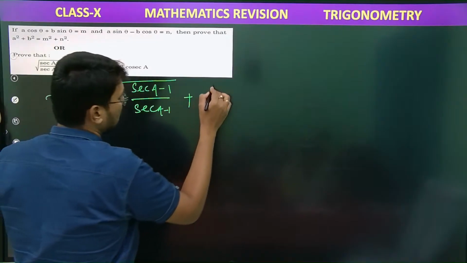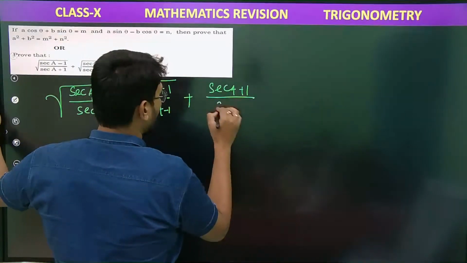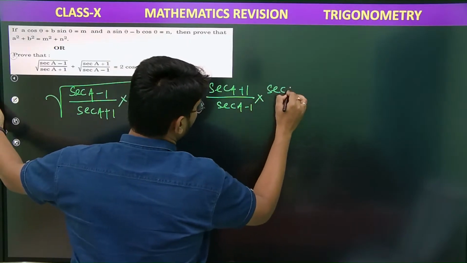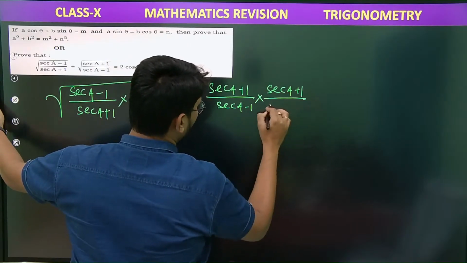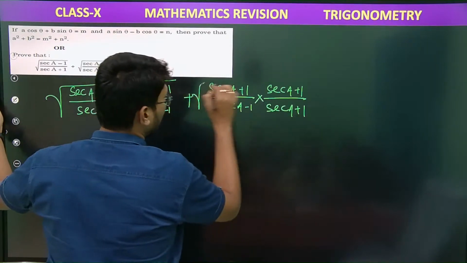Plus, similarly, this would be how much? Sec a plus 1 by sec a minus 1 multiplied by sec a plus 1 by sec a plus 1, right? It is under square root.